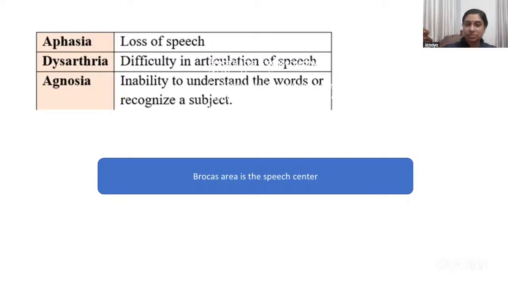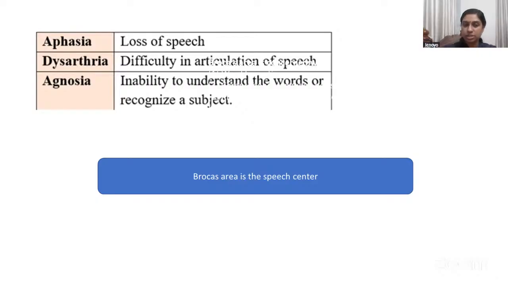So what is aphasia? Aphasia means loss of speech or change in speech. Either the person has difficulties in understanding or in speech. Also the patient has difficulties in understanding the speech. Dysarthria means difficulty in the articulation of speech, mainly due to weakness of the muscles involved in articulation.